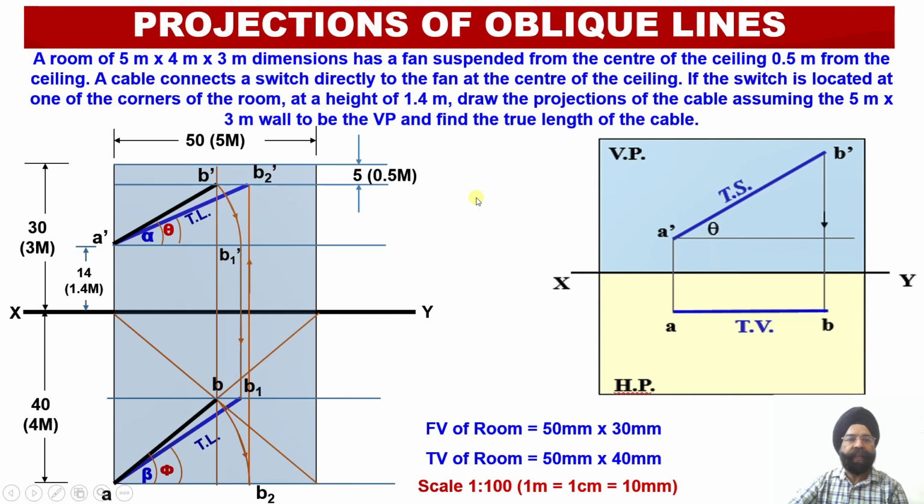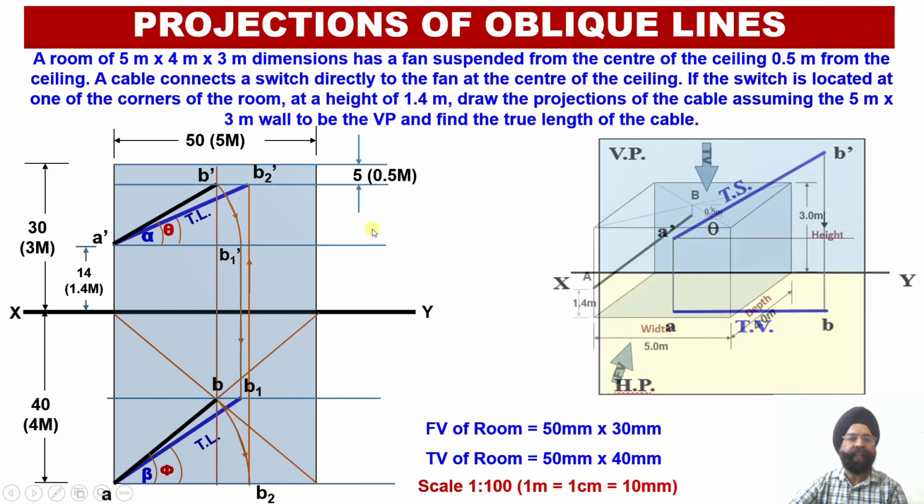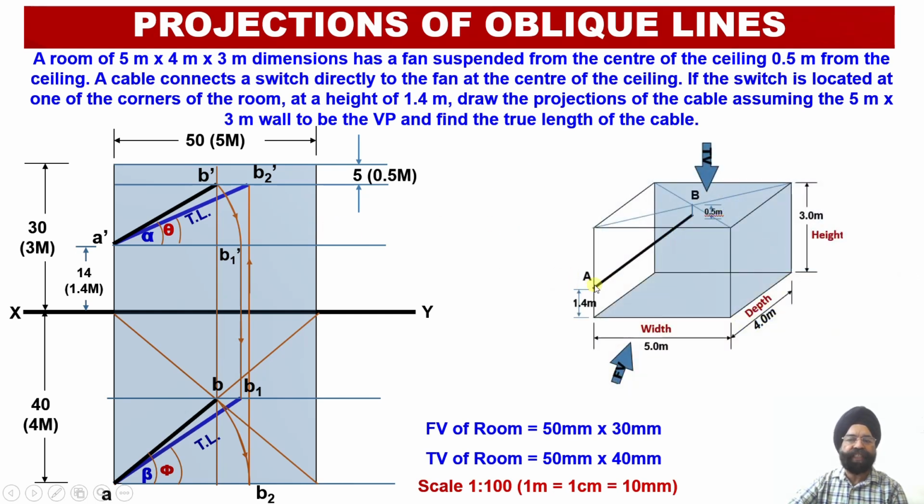So this way we have been able to evaluate the true length of the distance between these 2 points. Point A represents the location of the switch, while point B represents the location of the ceiling fan. This true length has been located in the front view as A dash B2 dash, and in the top view as the distance AB1.